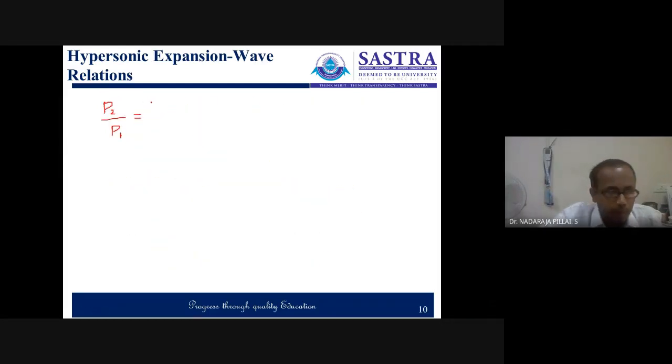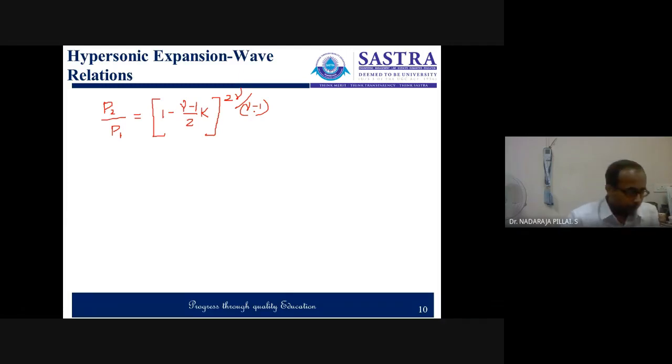So here P2 by P1 can be written as 1 minus gamma minus 1 by 2 into M1 theta, which becomes K, the whole power 2 gamma by gamma minus 1. So we arrived at the P2 by P1.